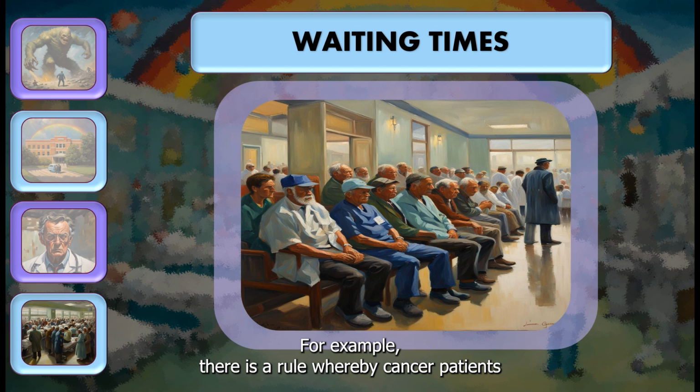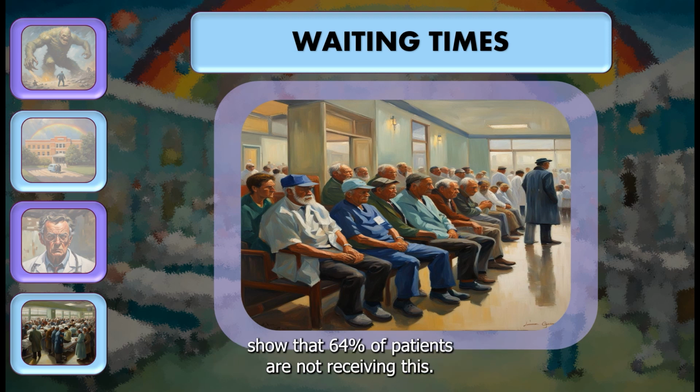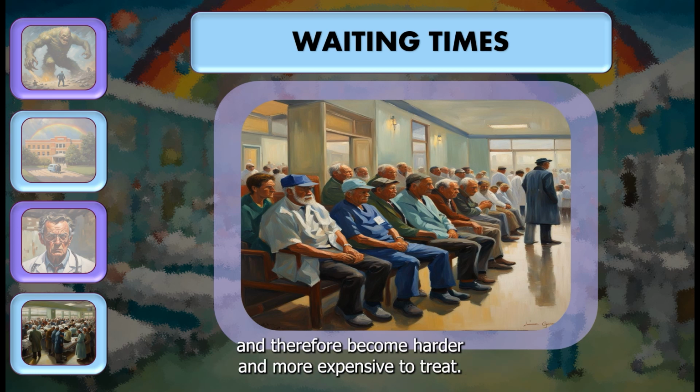For example, there is a rule whereby cancer patients should receive treatment within 62 days of their diagnosis, but recent statistics show that 64% of patients are not receiving this. During that agonizing wait, the cancer could become more advanced and therefore become harder and more expensive to treat.